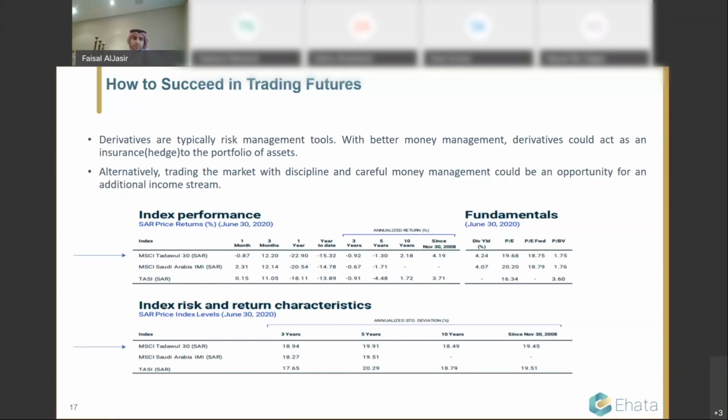Alternatively, trading the market with caution and good management could also be an opportunity to make an additional income stream. As you can see in the graph, this gives a snapshot as of June 30, 2020, regarding the MT30, which is the underlying of the future, the subject future we're talking about.